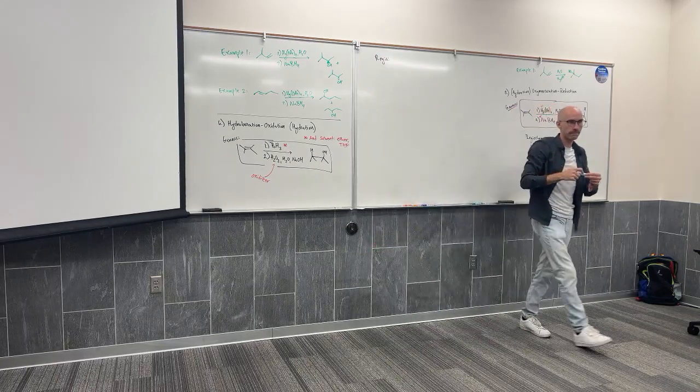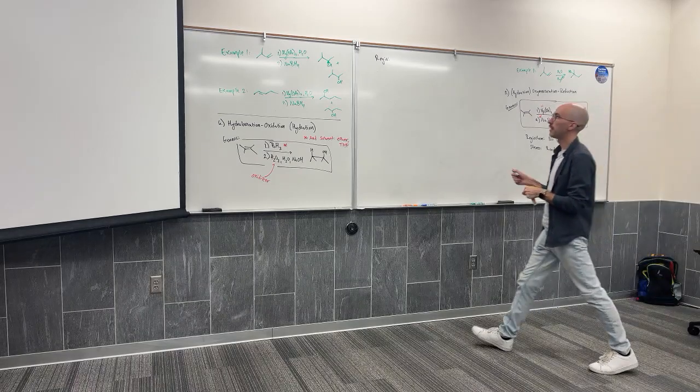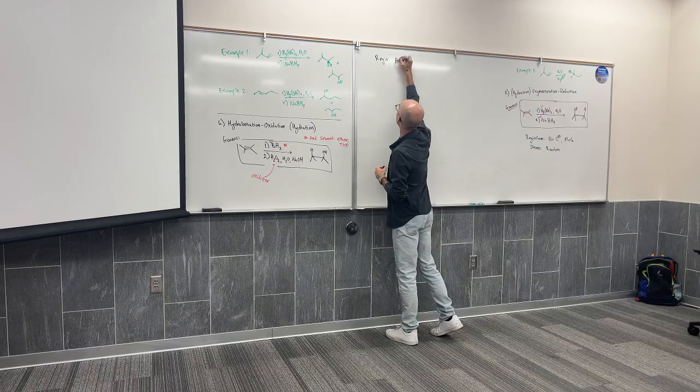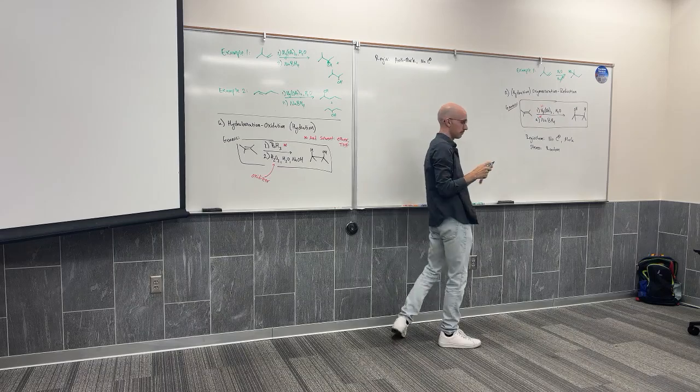So then what's the point? Why am I doing another hydration reagent? Because my first 2 can only add the alcohol Markovnikov. This reaction is anti-Markovnikov, and importantly, there's still no carbocation.